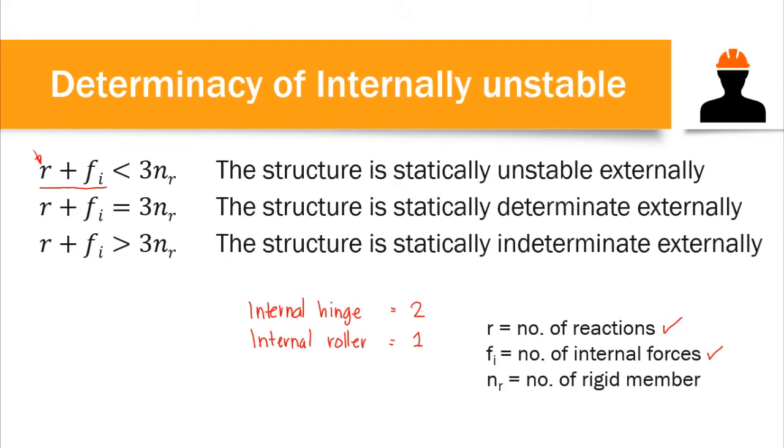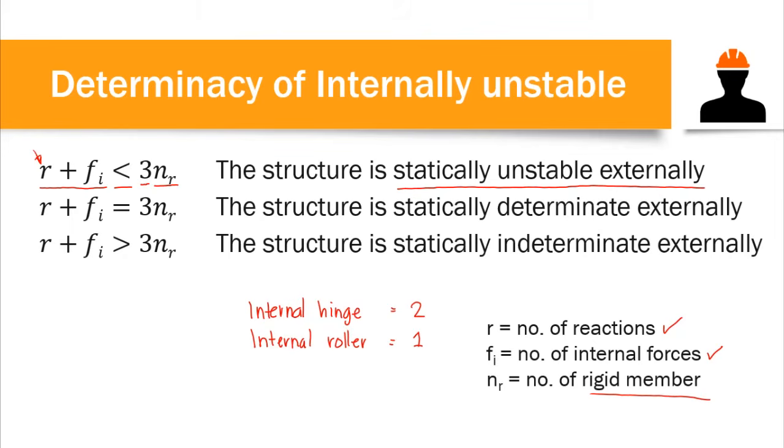Then 3n, where 3 is the number of equilibrium equations and n is the number of rigid members. If R plus Fi is less than 3n, the structure is statically unstable externally.